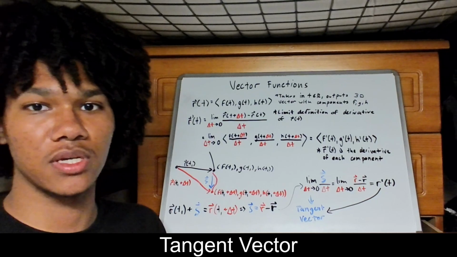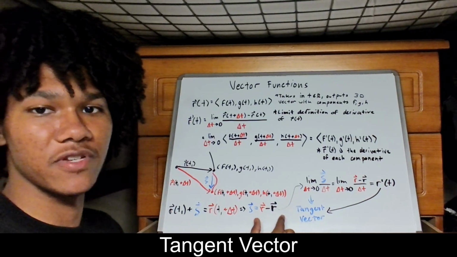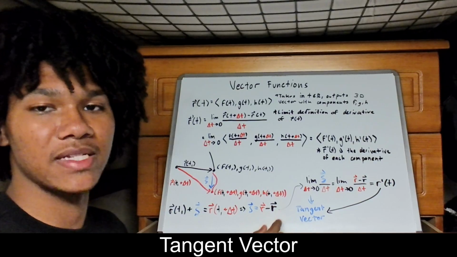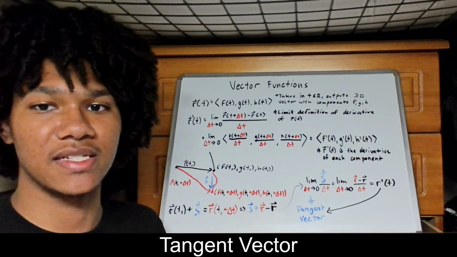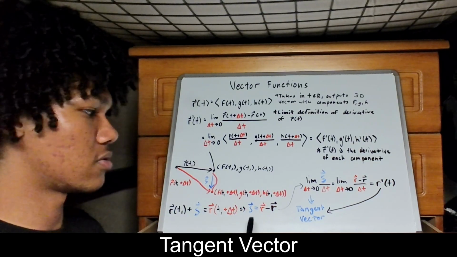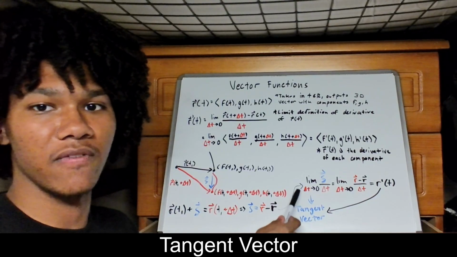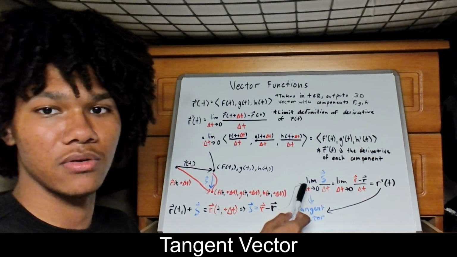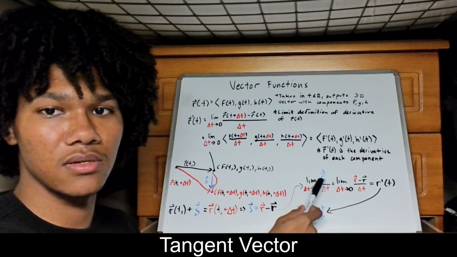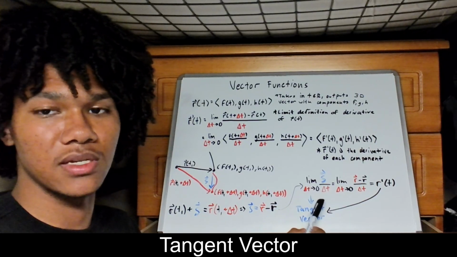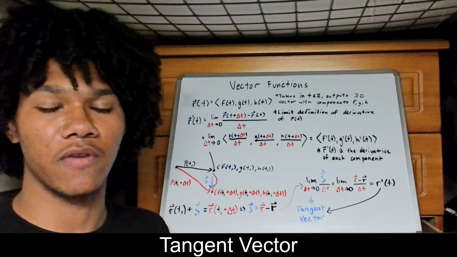So I'm basically going to recreate the difference quotient from this. The first thing I'm going to do is divide by delta t, and then take the limit as delta t approaches 0. Again, this is an equation, so I'm going to do it to both sides. We have the limit as delta t approaches 0 of our secant vector divided by the scalar delta t is equal to the limit of our difference quotient.